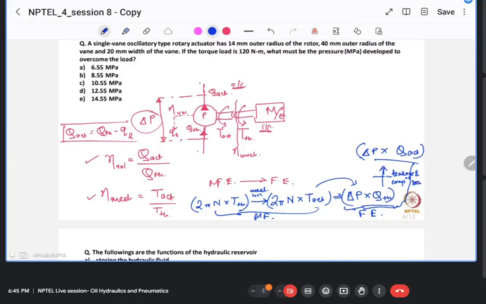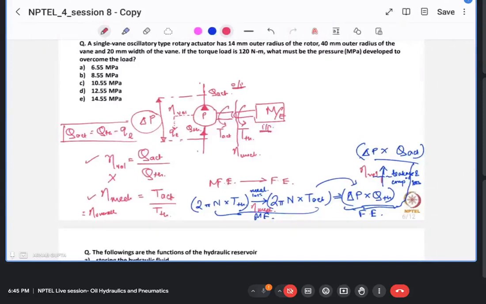In between this, your mechanical efficiency will get plugged in. In between this, your volumetric efficiency will get plugged in. And as you multiply both, you will get the overall efficiency. This is the only difference between the motor and pump.